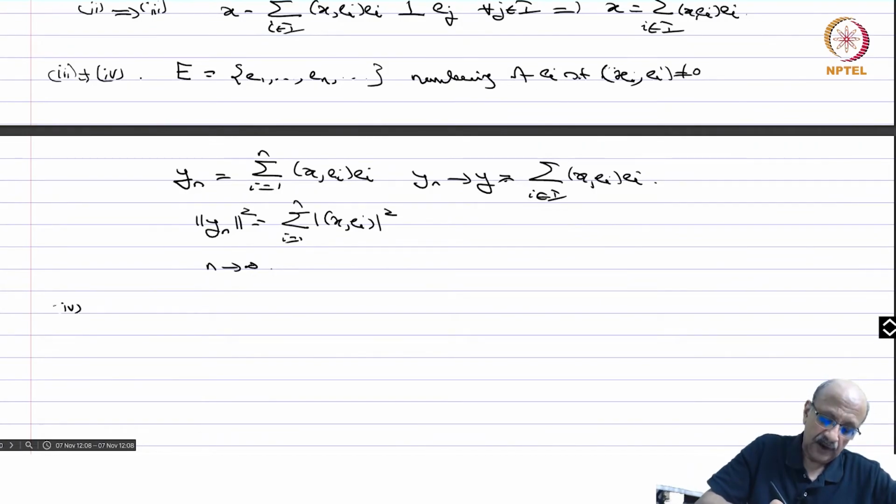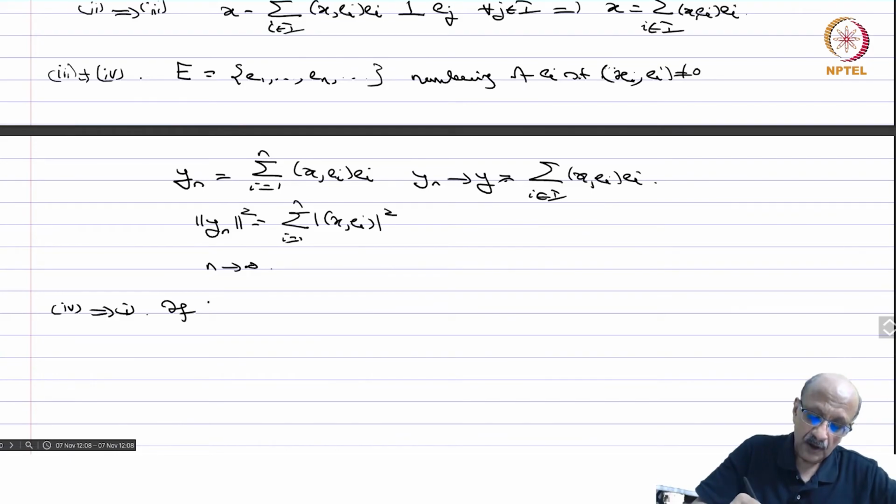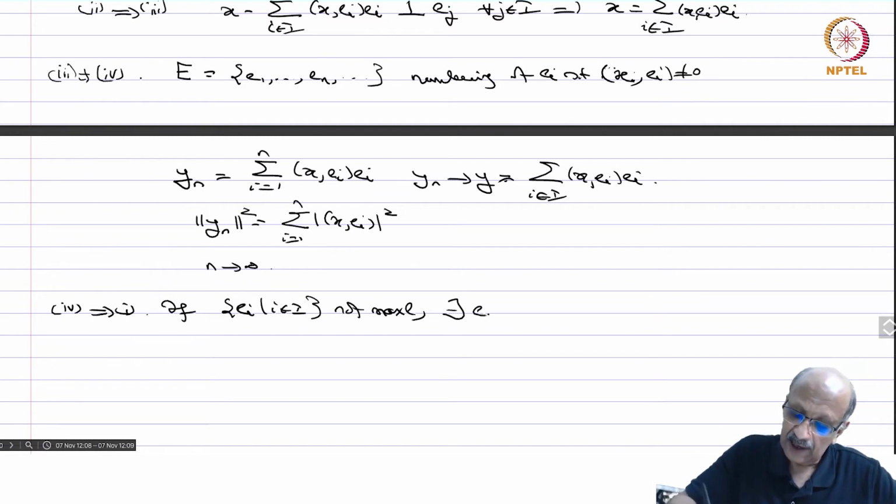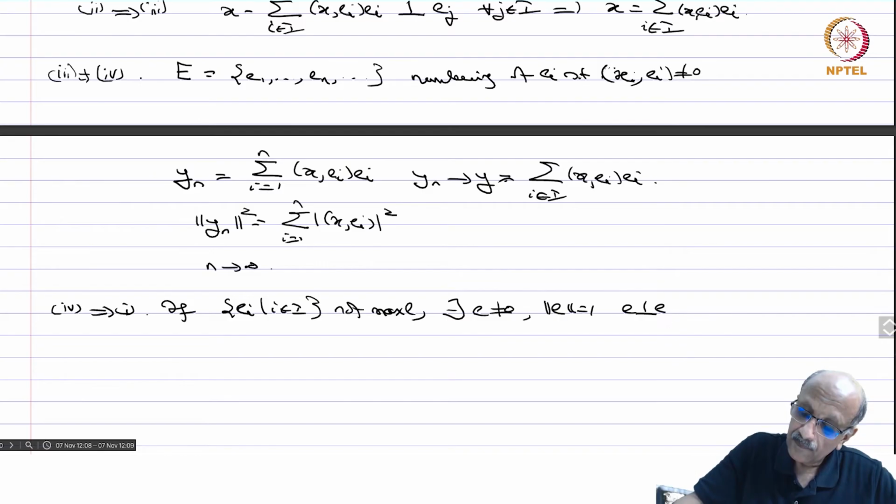4 implies 1. If e_i, i in I, is not maximal, there exists an e not equal to 0, norm e equal to 1 and e orthogonal to e_i for all i in I. So that is the contradiction of the maximality.